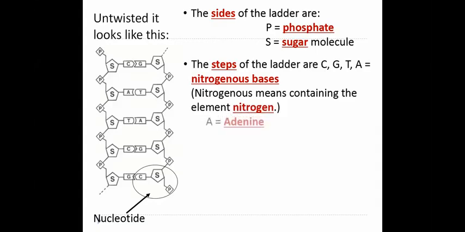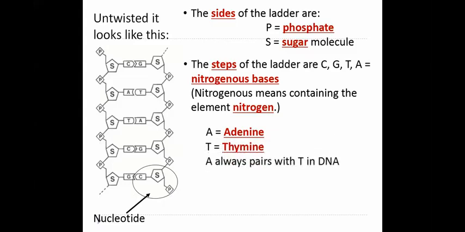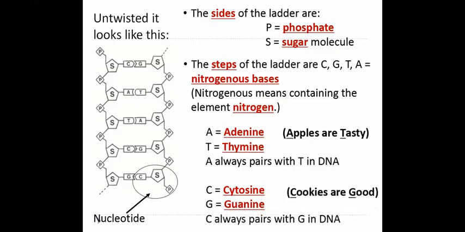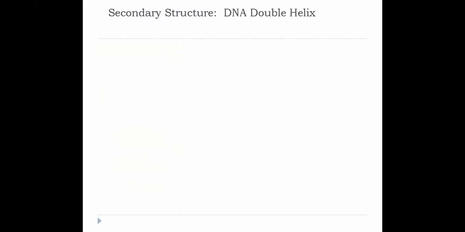So we have adenine, thymine. A always pairs with T. For those who like mnemonics: apples are tasty. Cytosine and guanine: C pairs with G. Cookies are good. Any questions so far?